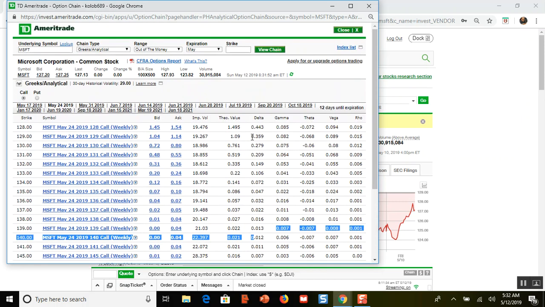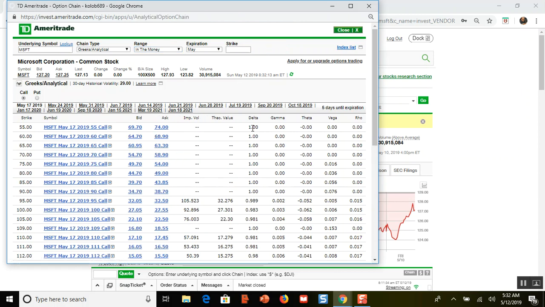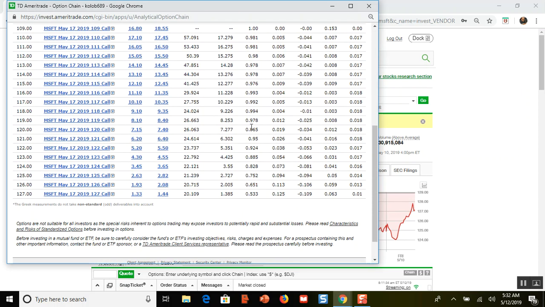As we go up and we get to like a 128 call, we're dealing with a 44 delta. Okay, now if we go in the money, then the delta is going to go higher than 75.